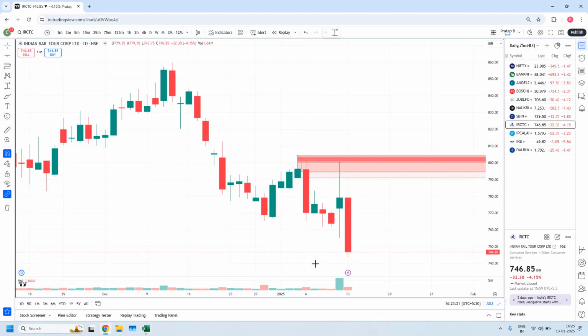So this is about our HLQ zone analysis. Hope you all remember this Black Monday, because this is the second Monday in January. Last Monday and this Monday, we have seen all HLQ zones just wiped out. So this is about today's HLQ zone analysis.